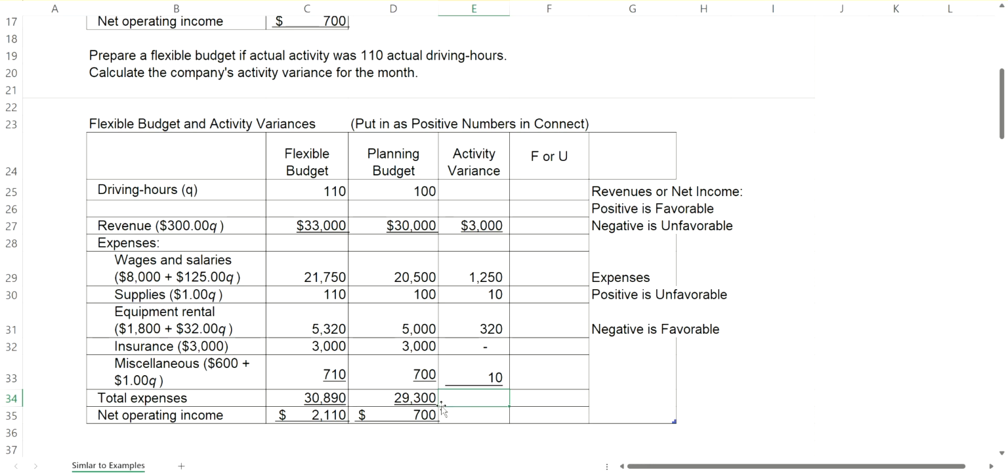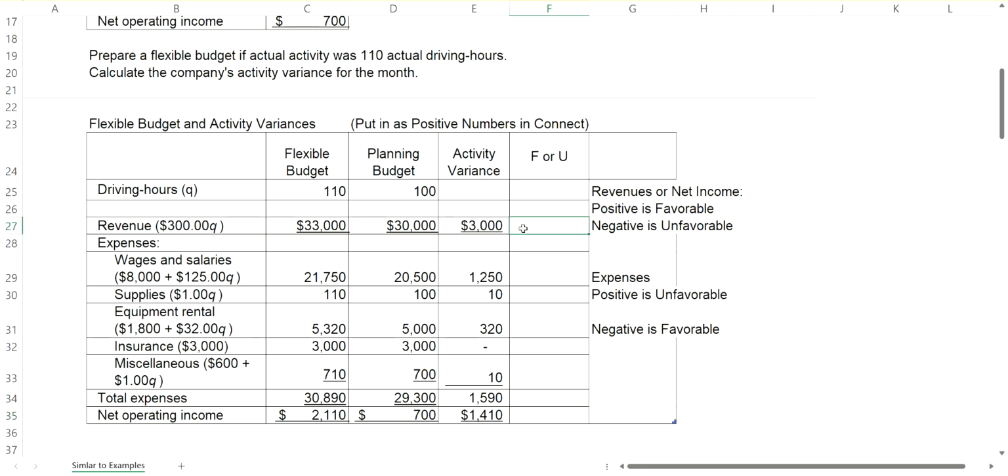And then 30,890 minus 29,300 is 1,590. And 2,110 minus 700 is 1,410. Now, in this particular example, they were all positive. We'll look at what happens when it's negative in a moment.